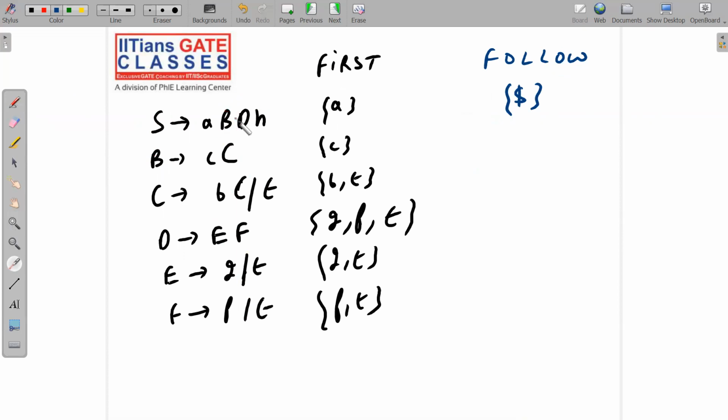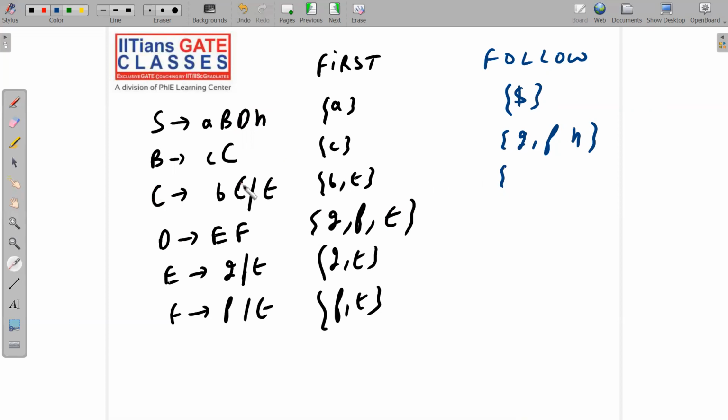Yeah, here we have found it. So follow of capital B will be first of this thing. So first of D you have to find out. First of D is g, f. And capital D is going to null also. So no problem. When we put null here, we will get h. So we will get h here.